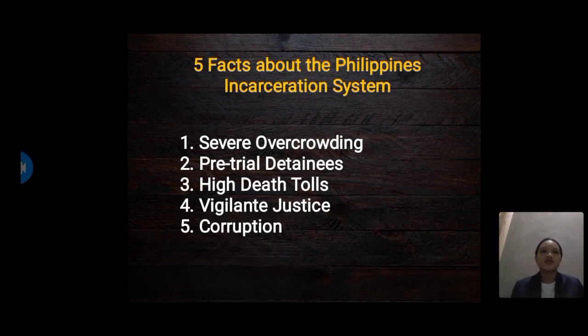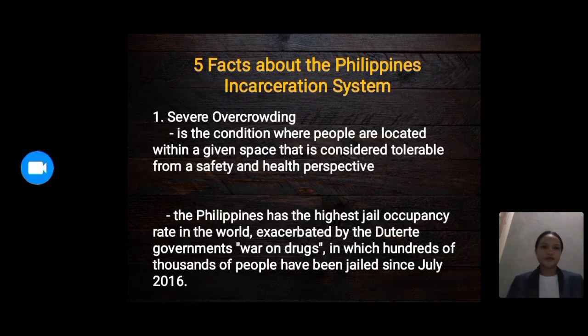So, 5 facts about the Philippine incarceration system. This is the severe overcrowding, pretrial detainees, vigilante justice, and last is the corruption. First is severe overcrowding. This is a condition where people are located within a given space that is not considered tolerable from a safety and health perspective.